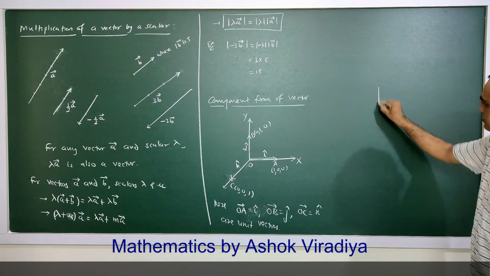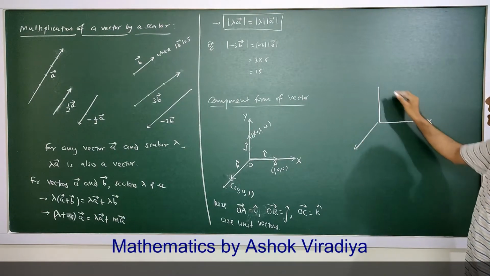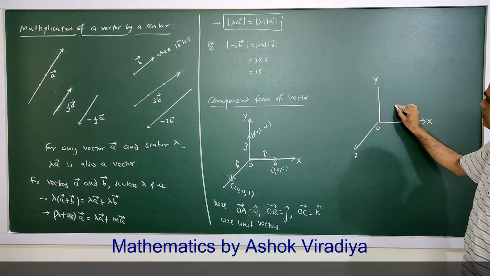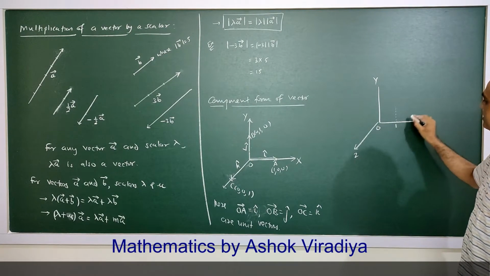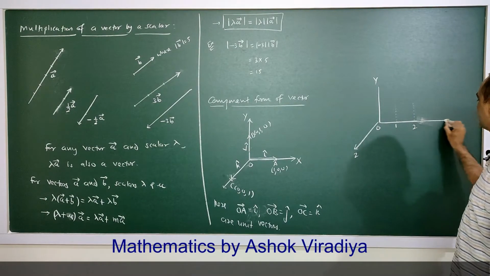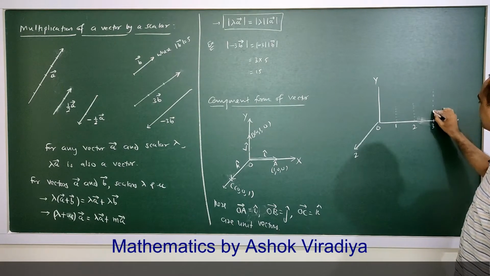See, this is X, this is Y, this is Z, this is O. Here 1, here 2. On the X axis I am putting a few numbers.